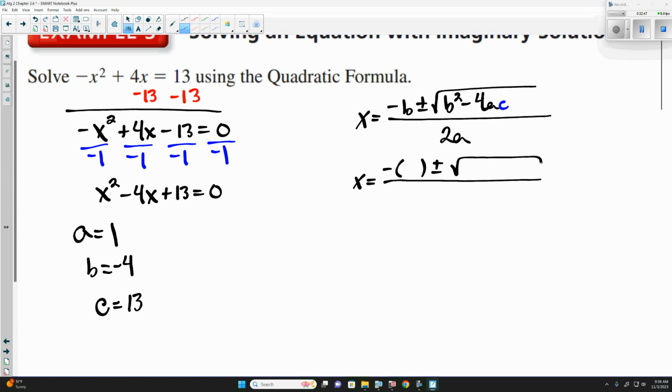So negative b plus or minus the square root of b squared minus 4ac all over 2a. So our negative b would be negative 4... plus or minus. In the parentheses, we had negative 4 squared, minus 4 times a times c, all over 2 times a.